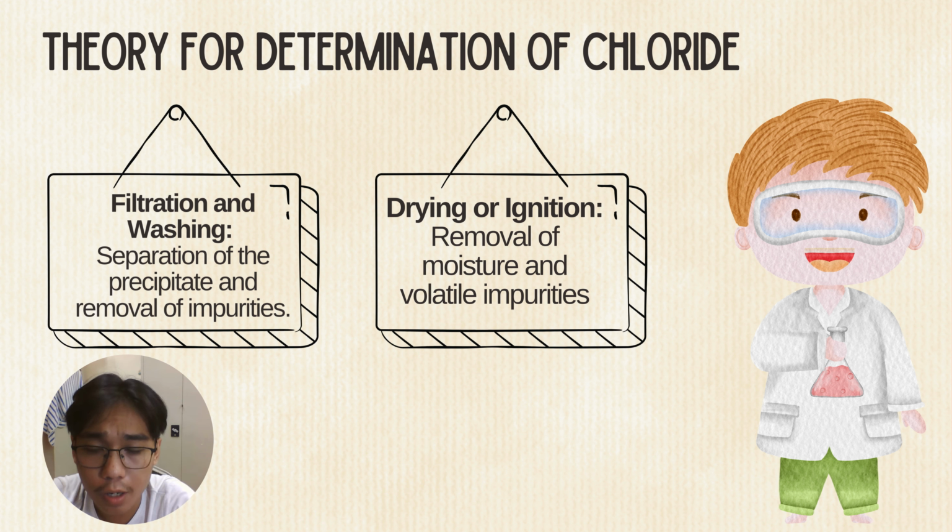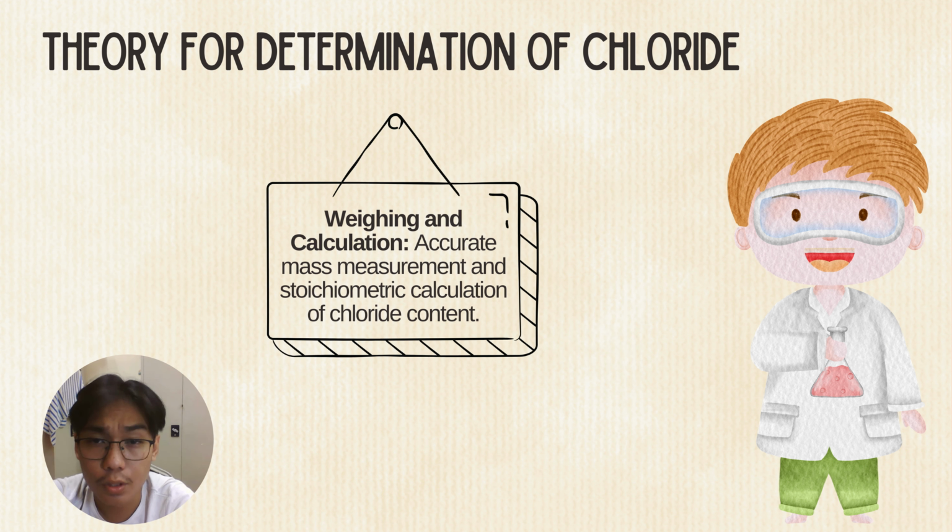The next one is drying or ignition, which removes moisture and volatile impurities. For the last one, weighing and calculation. The accurate mass measurement and stoichiometric calculation of chloride content will be used to determine the chloride.